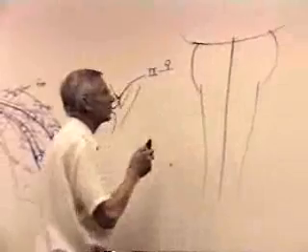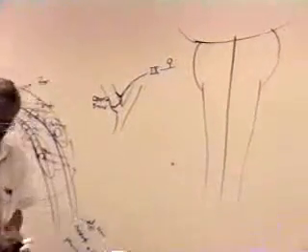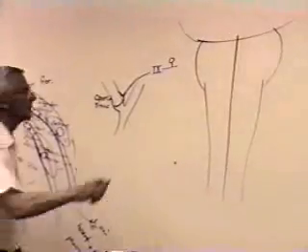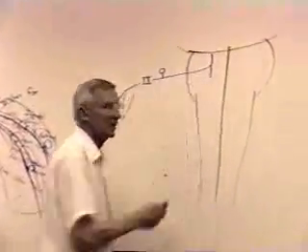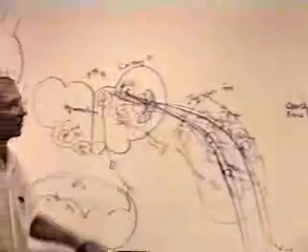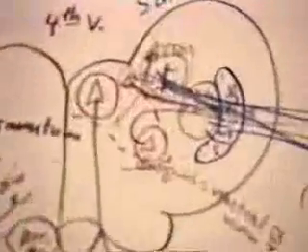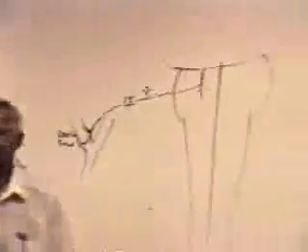And so here we have the 9th nerve coming in, ending in the solitary tract, the primary branches, rostral and caudal, secondary collaterals, the nucleus around it.